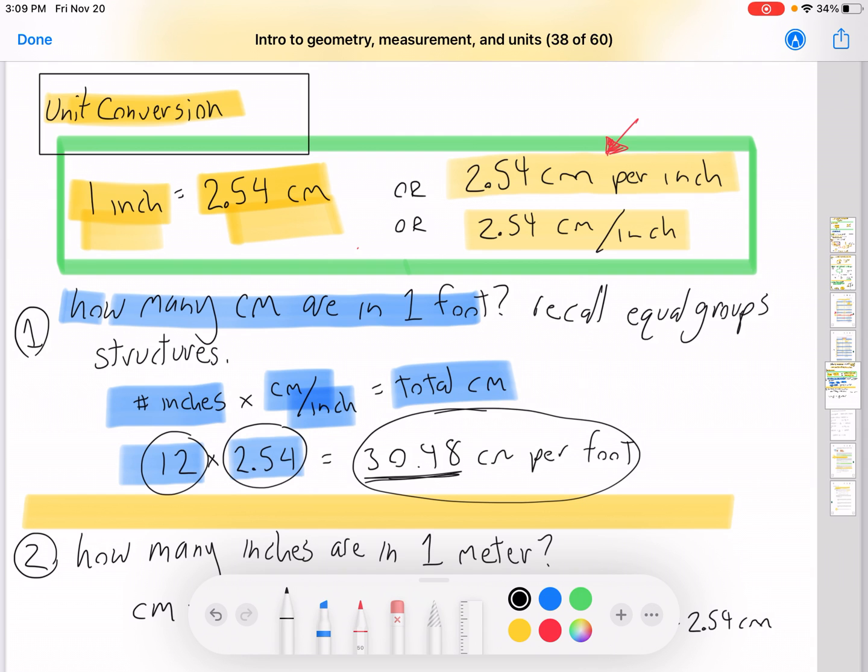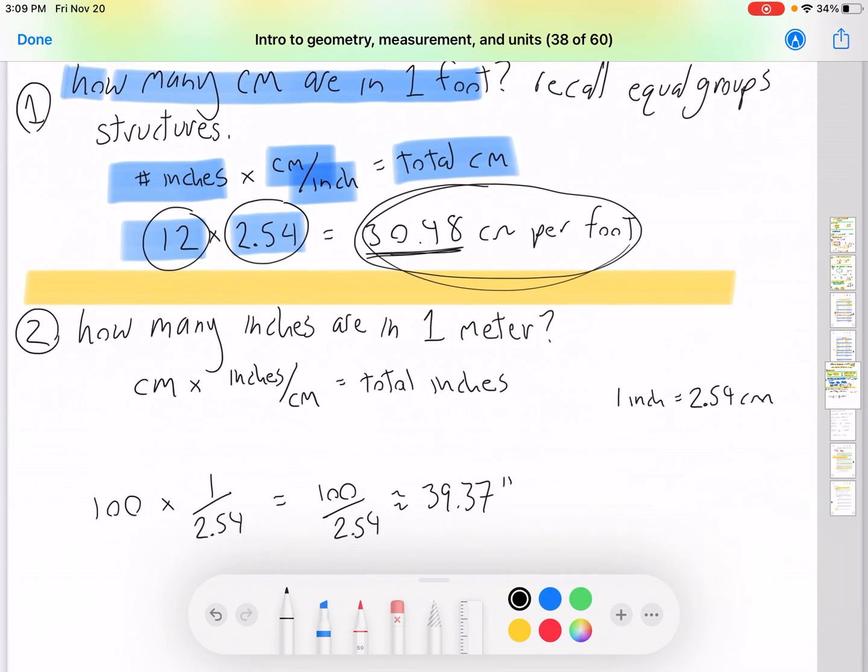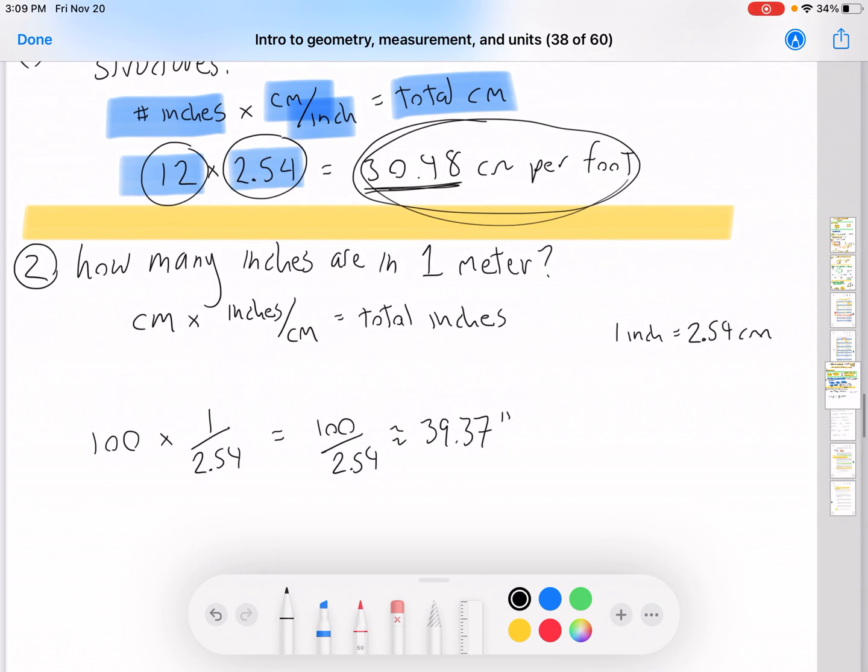If I wanted to then answer this thing clearly, I could also say how many inches are in a meter. Now again, using this conversion and thinking of equal groups, I can multiply centimeters by inches per centimeter to come up with total inches. Now, I know there's 100 centimeters in a meter, so I just need to find out the inches per centimeter.